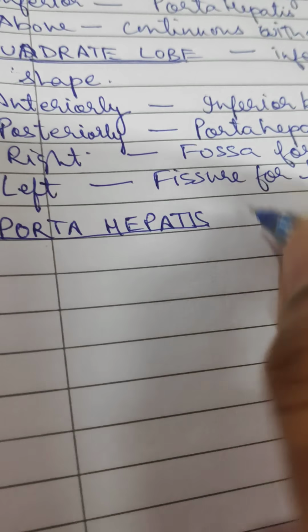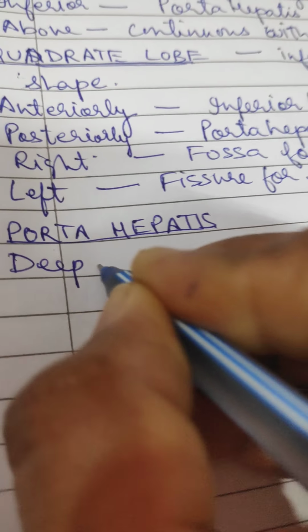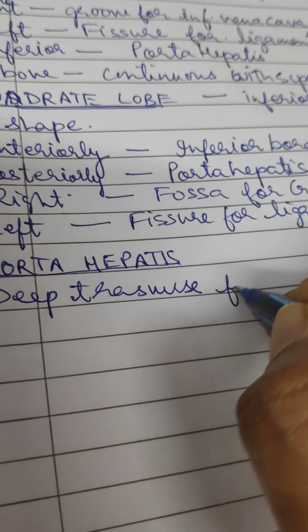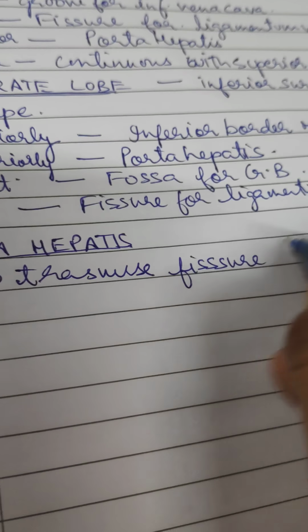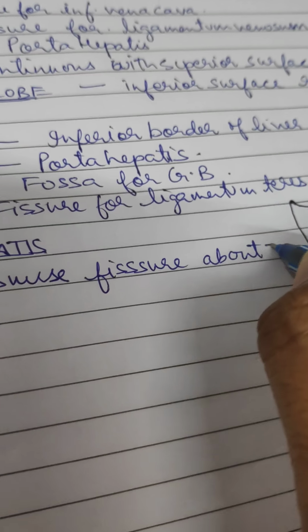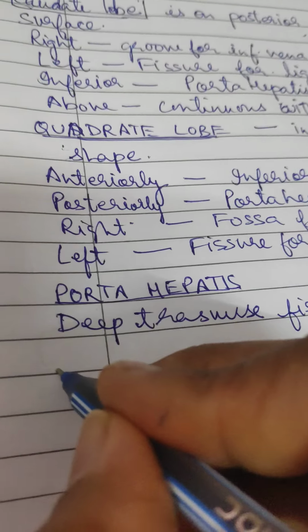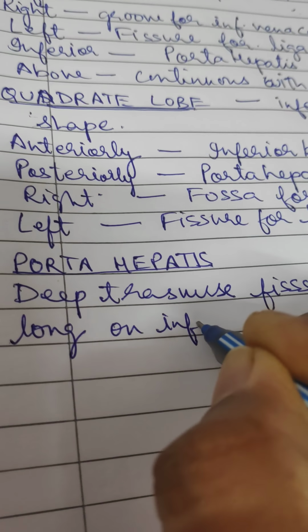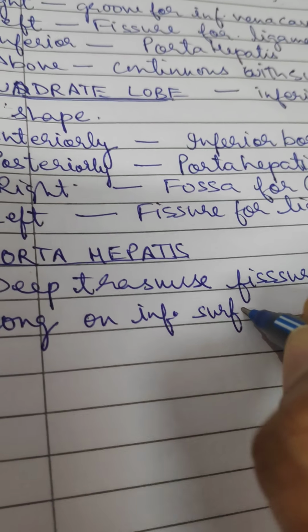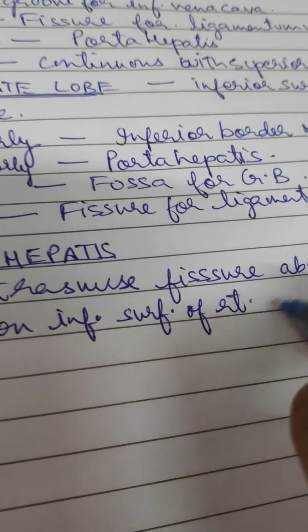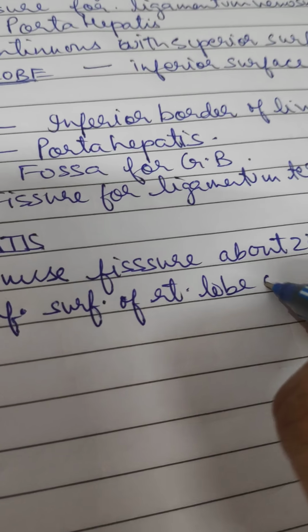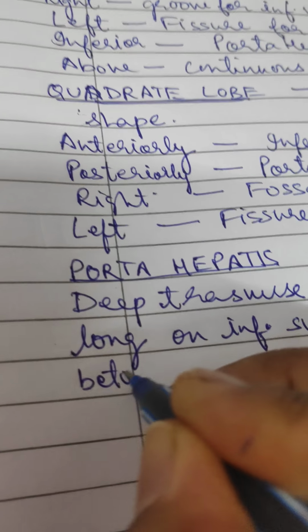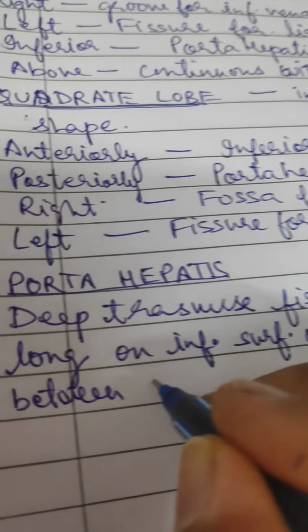Now this porta hepatis is a deep transverse fissure about 2 inches long on the inferior surface of the right lobe of liver, and between what?